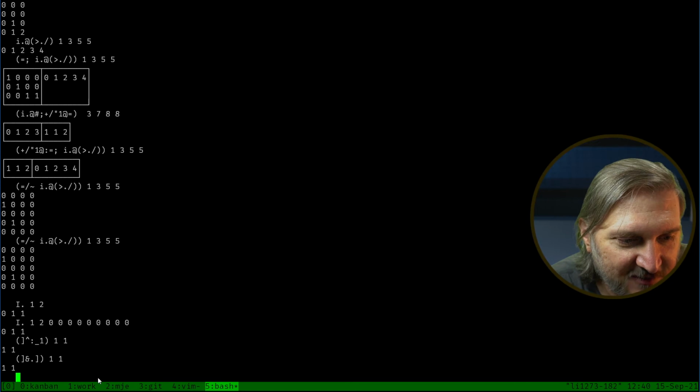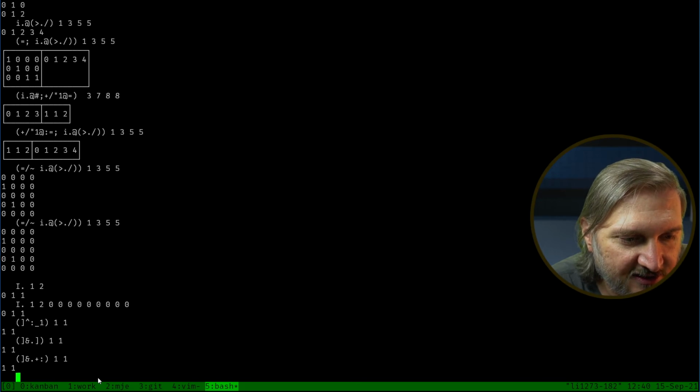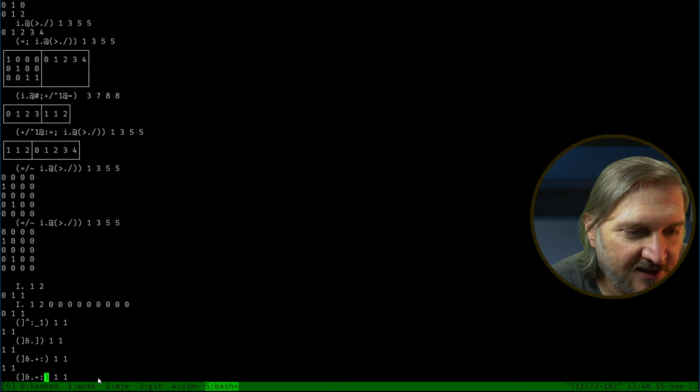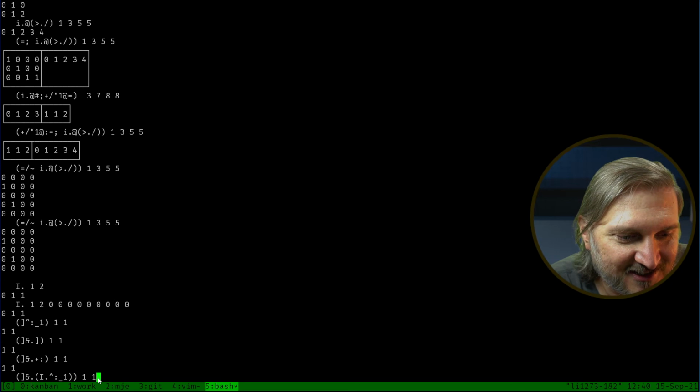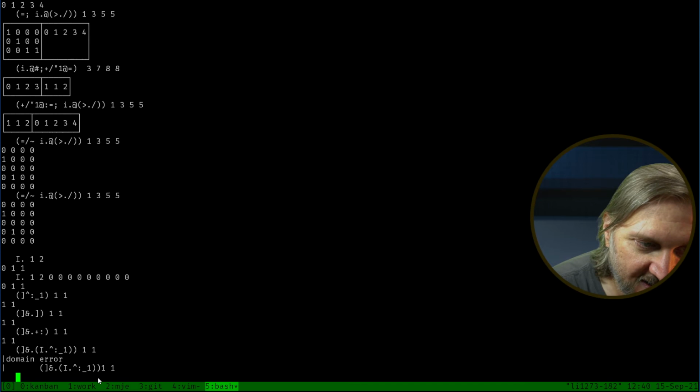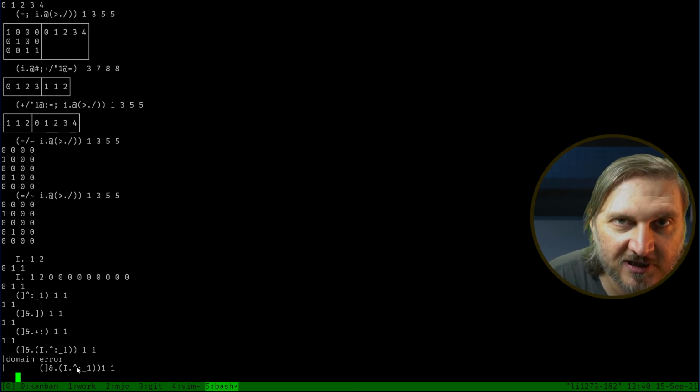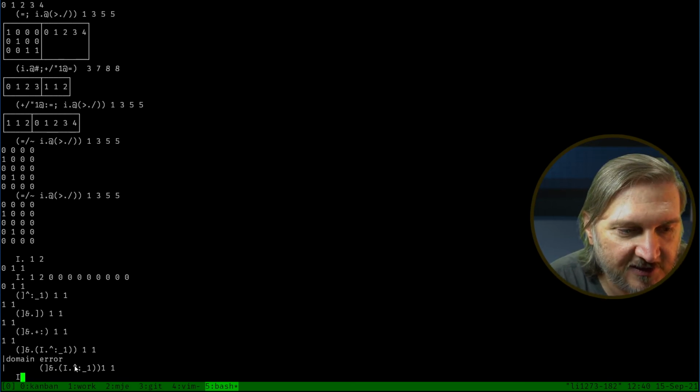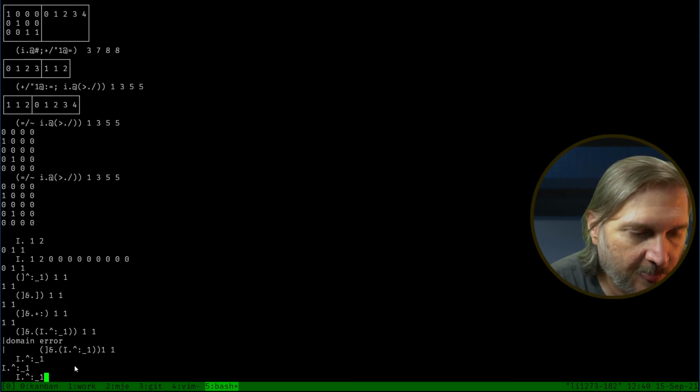Identity under any operation should be the same. So if you double it, yeah. And so then if you put -1 here, you would expect this to be the same, and that cannot possibly happen. You get a domain error because it's not implemented, but it just plain cannot happen. So there is no universal inverse for -1 or for I dot.